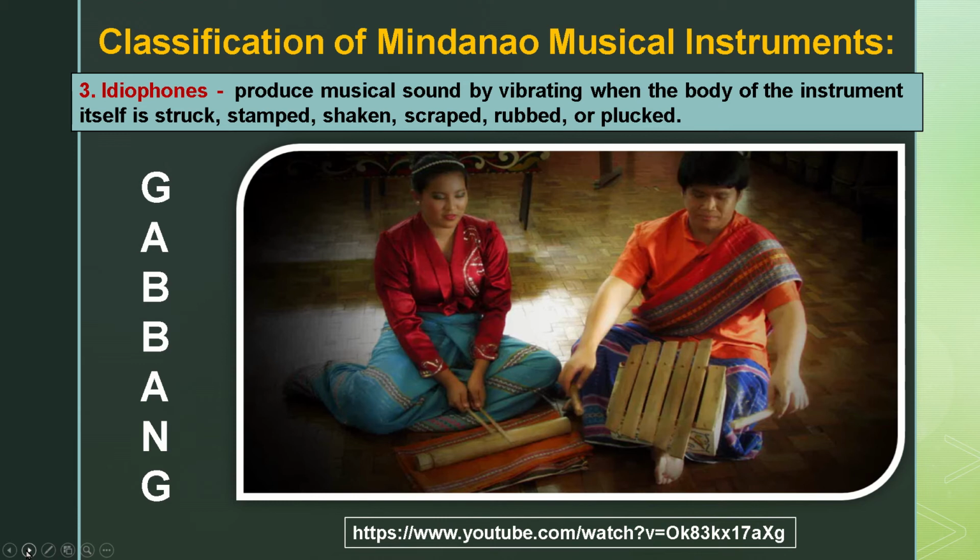Idiophones produce musical sound by vibrating when the body of the instrument itself is struck, stomped, shaken, scraped, rubbed, or plucked. So, let us hear how the gabang instrument sounds.